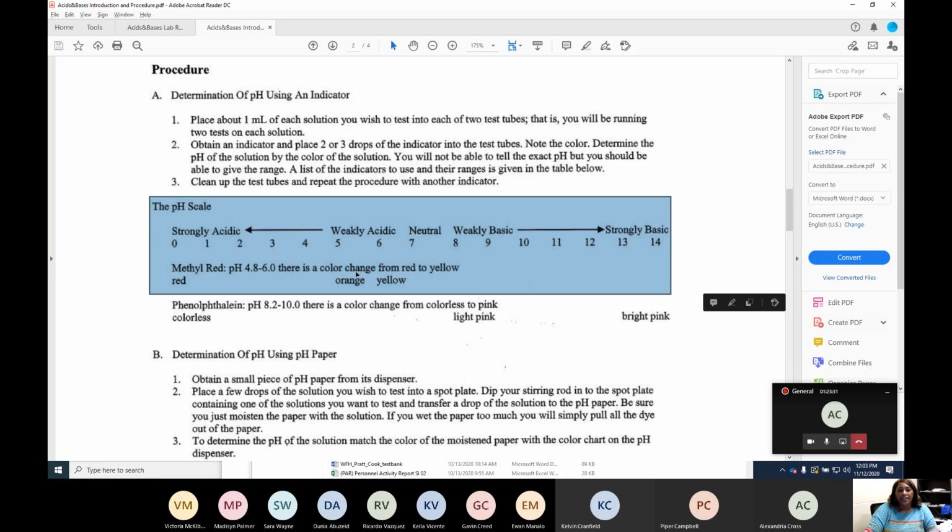There should be a color change. The methyl red starts out red, and then if you put it in your substance, whether it's the tap water or the ammonia or whatever, if it turns from red to yellow, then your pH range is somewhere between 5 and 6, meaning that it's weakly acidic. To be exact, between 4.8 and 6.